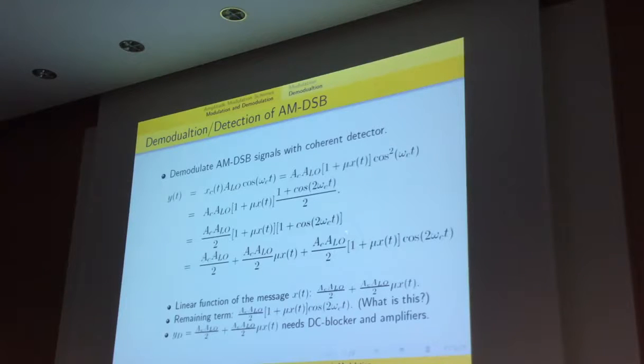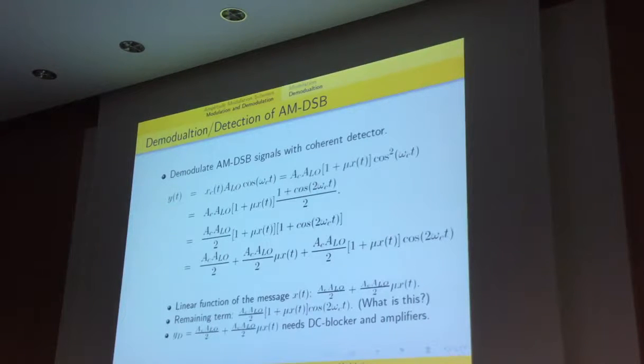AC prime multiplied with 1 plus mu xt times cosine 2 omega ct. Sounds very familiar, right? It's another AM DSB modulation signal, right? But this time, the carrier amplitude becomes AC times ALO divided by 2, and the carrier frequency becomes 2 omega c.